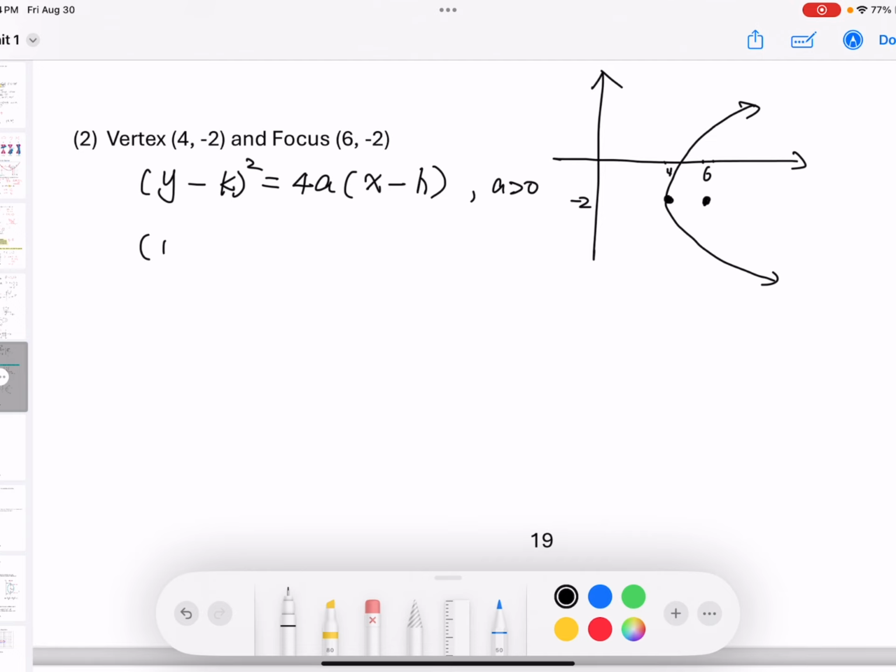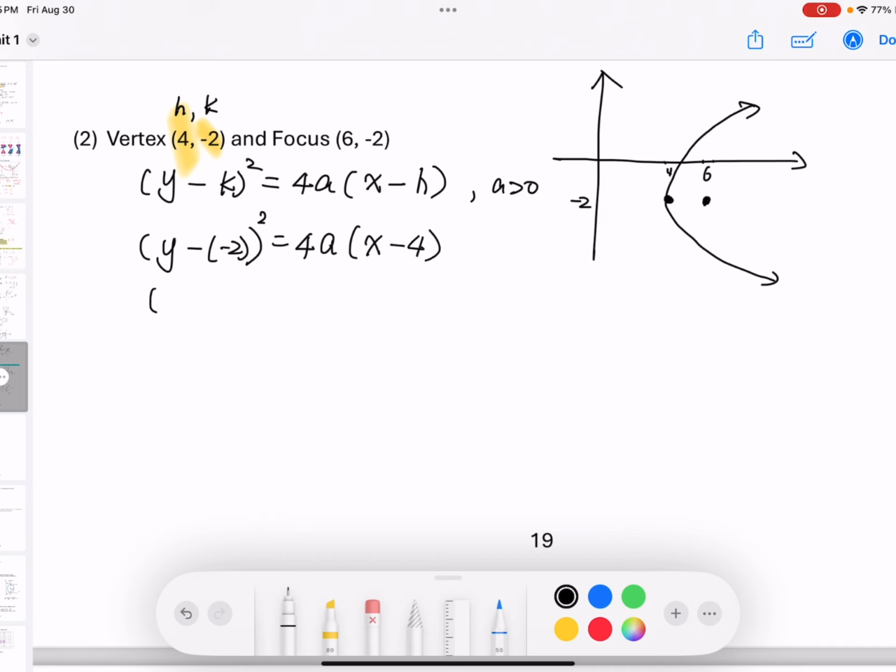So we have y minus -2. Be very careful: this is the y value, this is the x value, this is k's value and this is h's value, (h, k). So (y minus -2) squared is equal to 4 times a times (x minus 4).